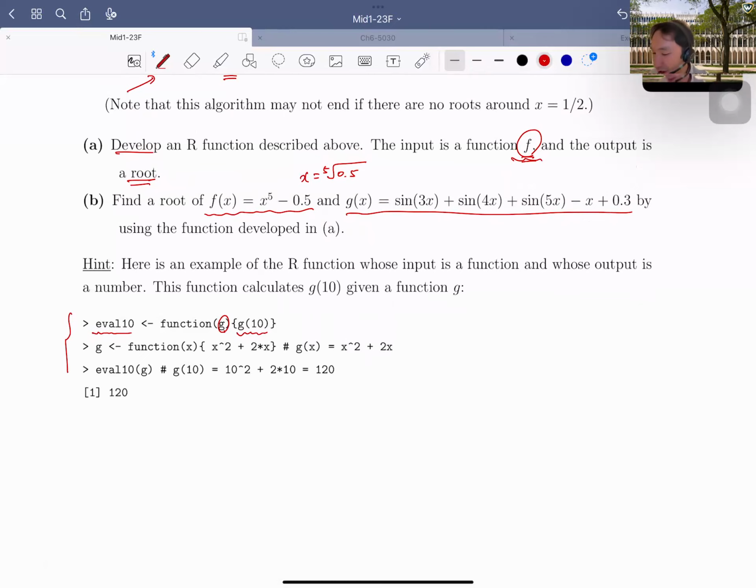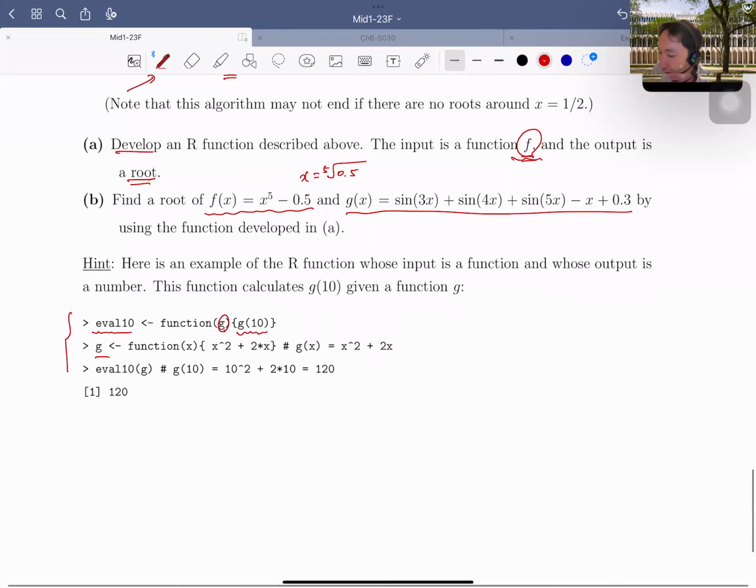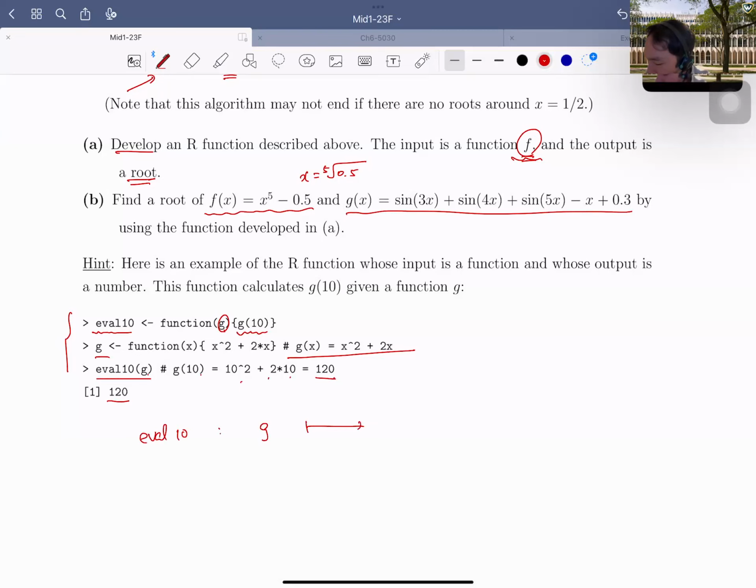So if g is the function x squared plus 2x, and we put this g in the eval10 function, then we evaluate g at 10. 10 squared plus 2 times 10 is 120. So it returns 120. The eval10 function's input is a function, and the output is g of 10.